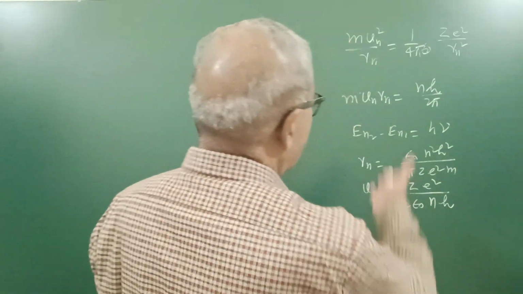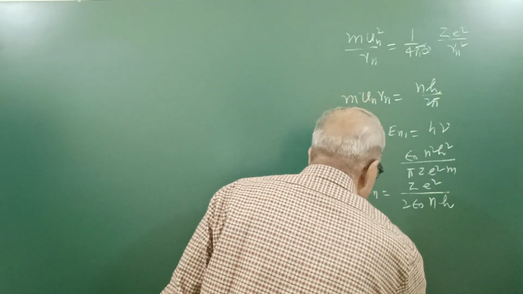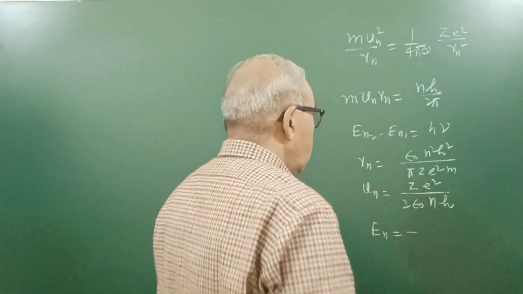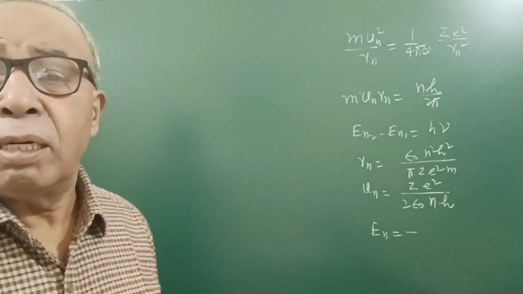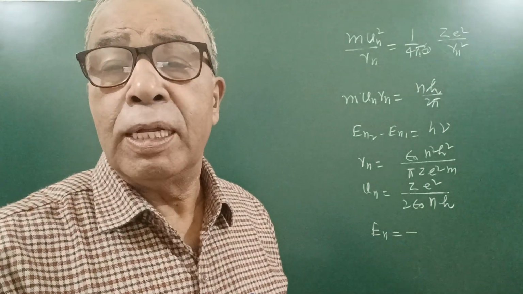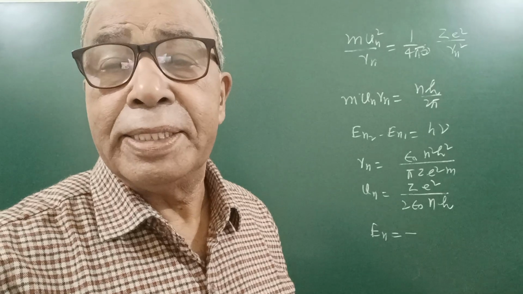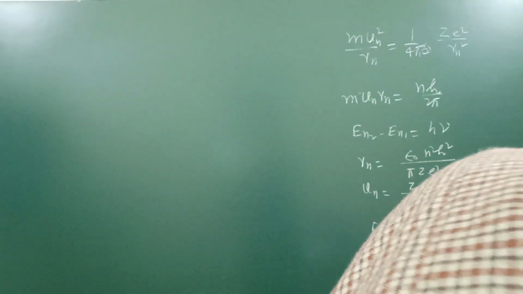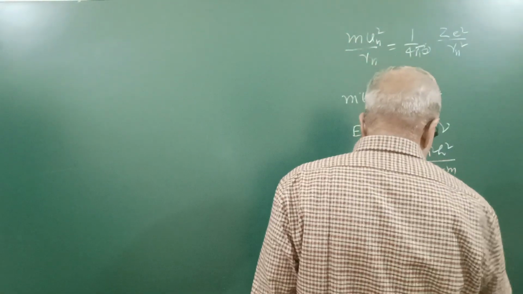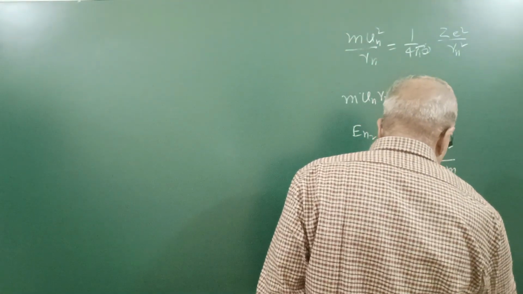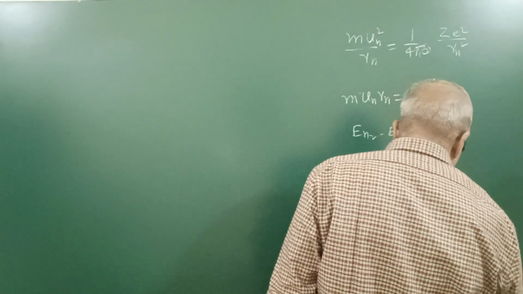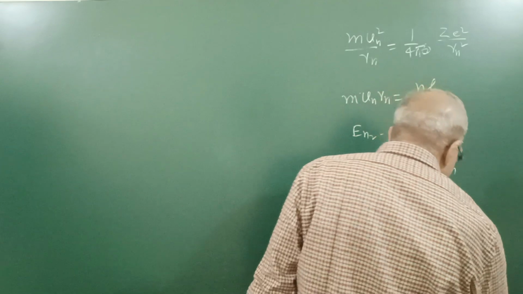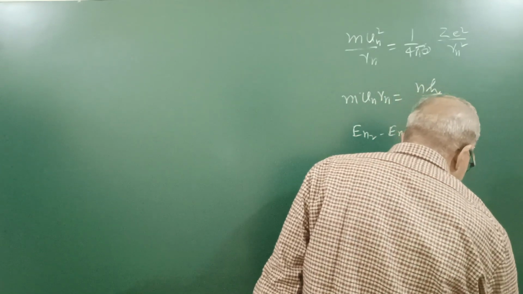Then I derived the energy E_n, which was minus the sum of kinetic and potential. We keep on doing, and finally we get the energy of electron: Z squared e^4 m upon 8 epsilon 0 squared n squared h squared.